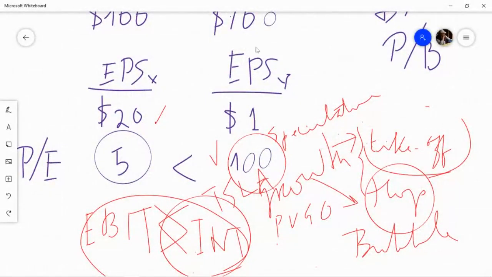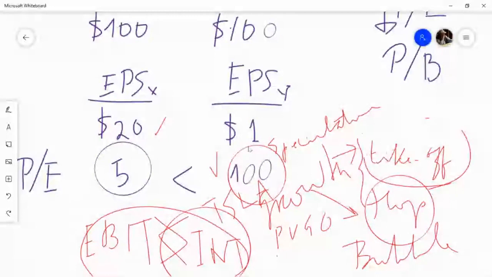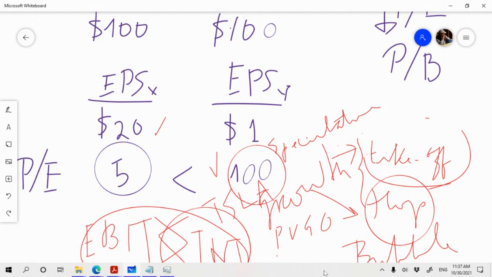But this kind of stock, for giving you $1 earnings, if the price is $100, it's clearly a crazy thing.